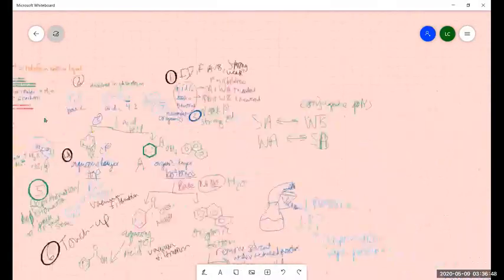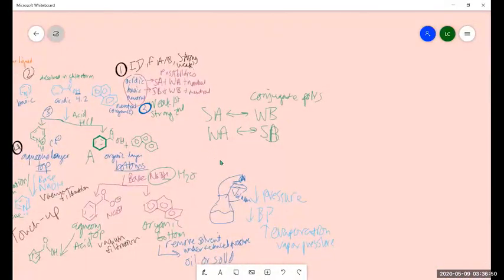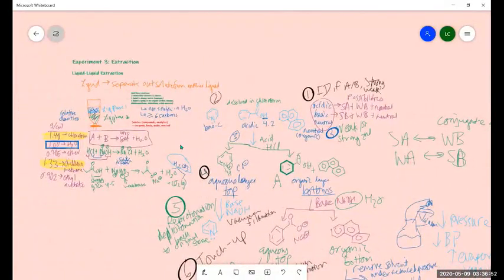So I'll talk a little about post-lab questions, and you should remember that this experiment was continued in experiment 4, and you also took melting points of your extracted compounds to assess purity.